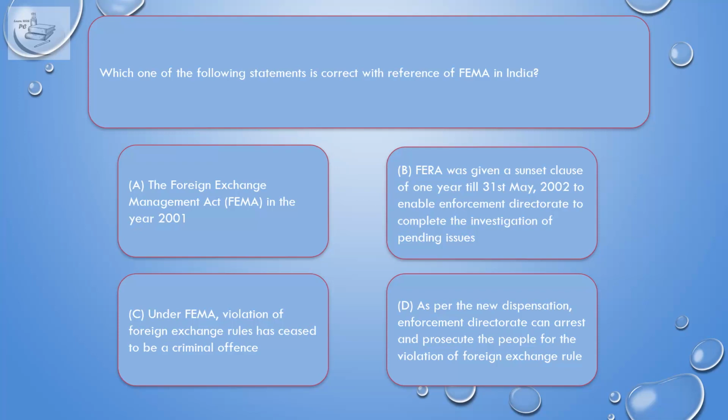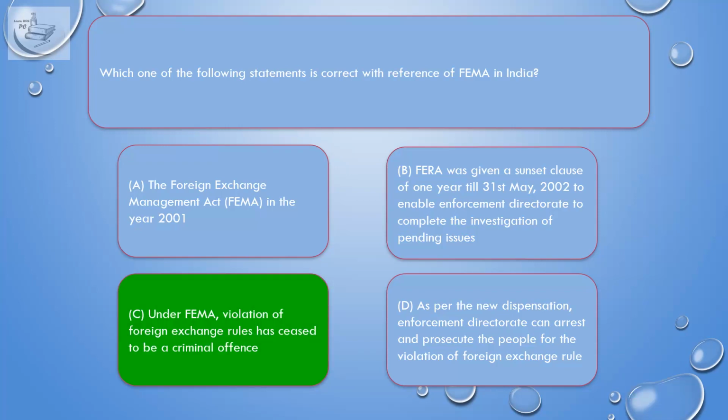C. Under FEMA, violation of foreign exchange rules has ceased to be a criminal offence. D. As per the new dispensation, Enforcement Directorate can arrest and prosecute the people for the violation of foreign exchange rule. Correct answer is C. Under FEMA, violation of foreign exchange rules has ceased to be a criminal offence.